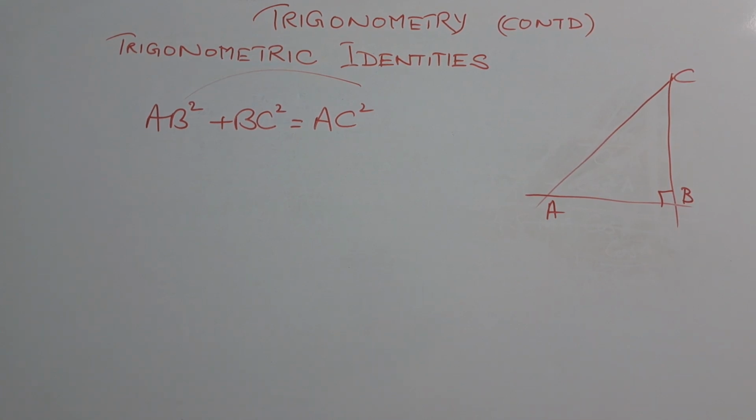In certain cases, we need to use the basic laws of addition, subtraction of fractions. And also, we need to make suitable substitutions in order to arrive at the solution as suggested in the questions.